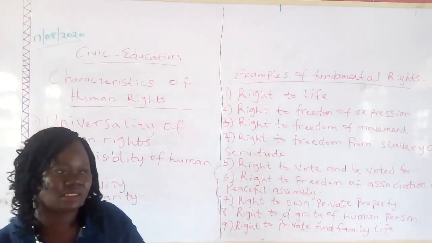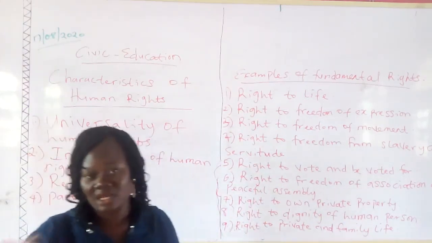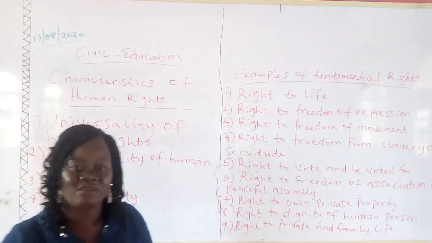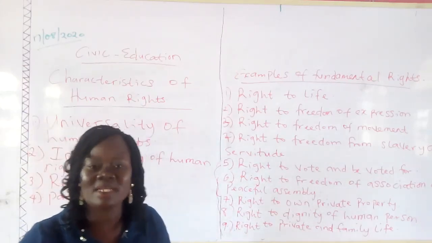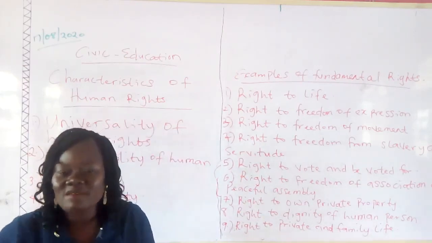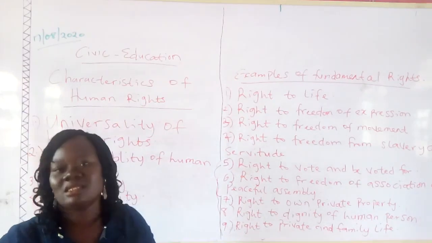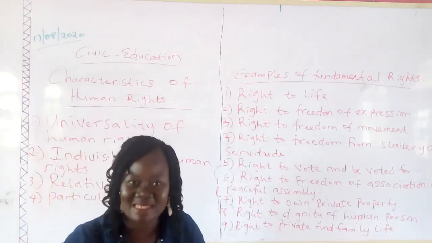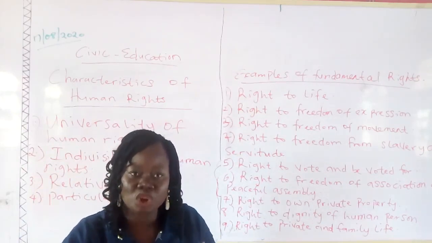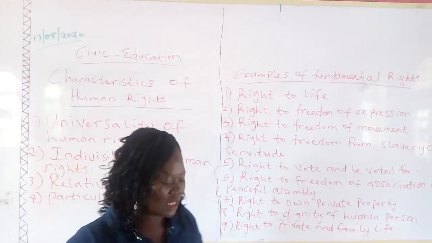Take for instance, the fundamental human rights that we have in Nigeria, engraved in our constitution, are in a way a bit different from those employed in the Arab nations. So it gives room for people to effect the dictates of the constitution as long as it is still following the order, conditions, or requirements given by the United Nations organization.